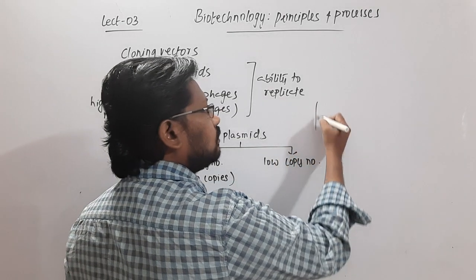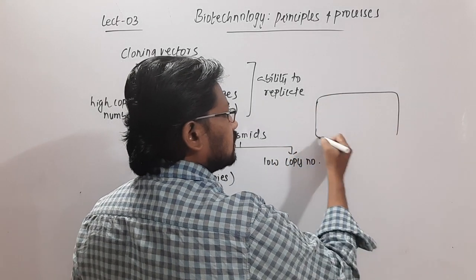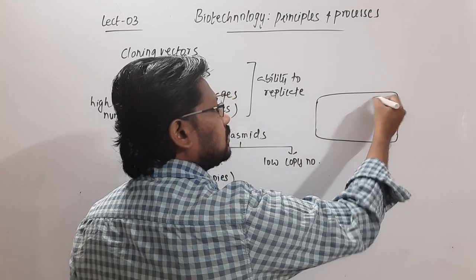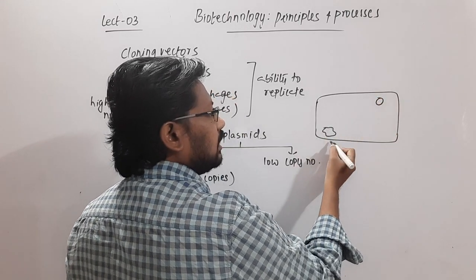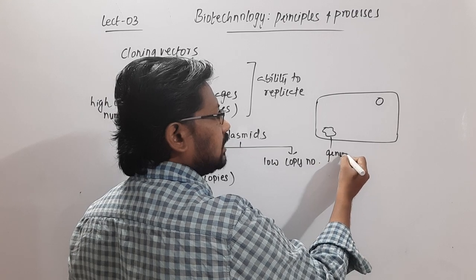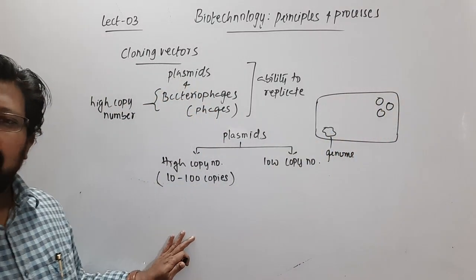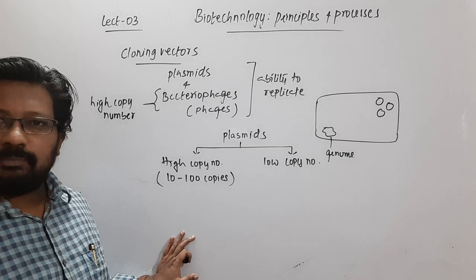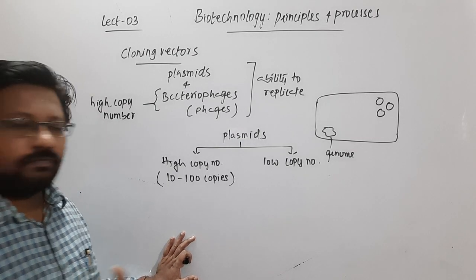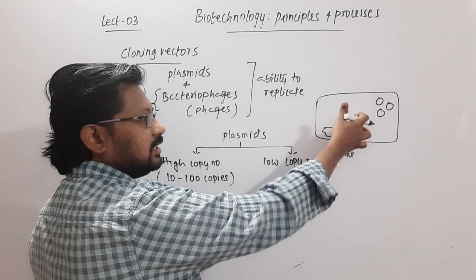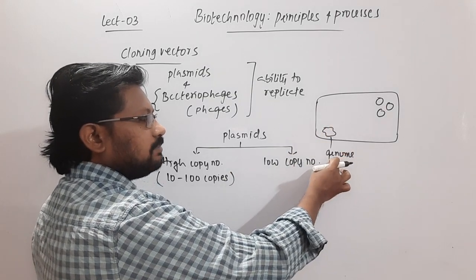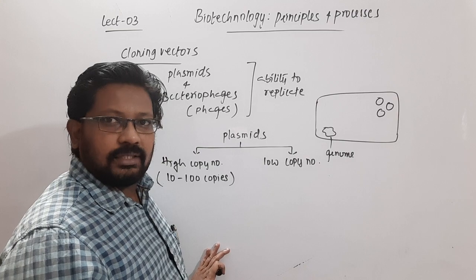I hope you know, in case of this bacterium, these are plasmids and this is the bacterial genome. As the plasmid has the ability to replicate independent of the bacterial genome, it is not controlled by the bacterial genome.